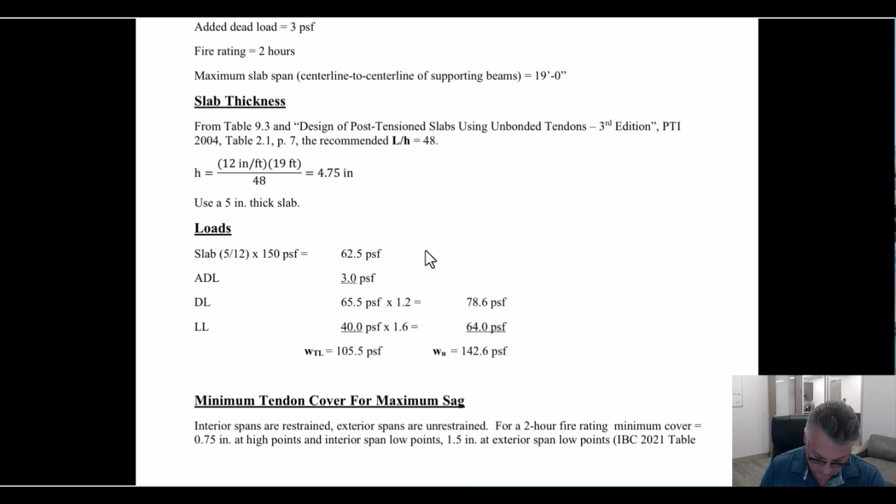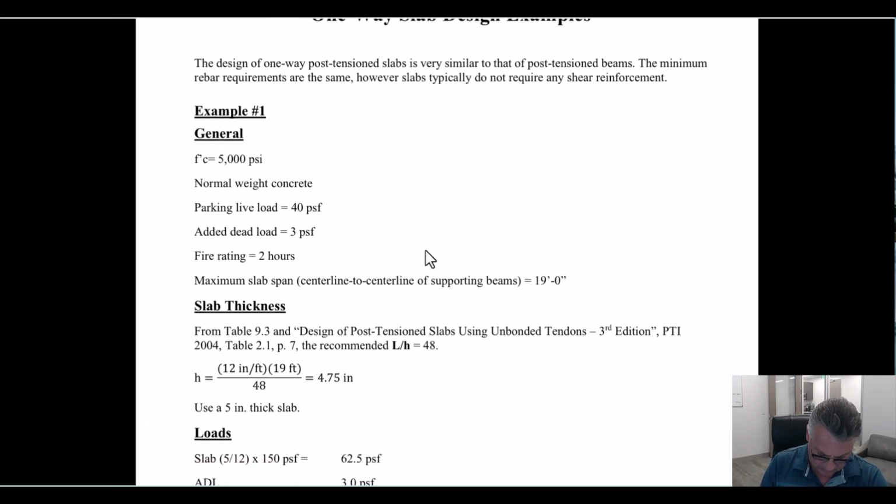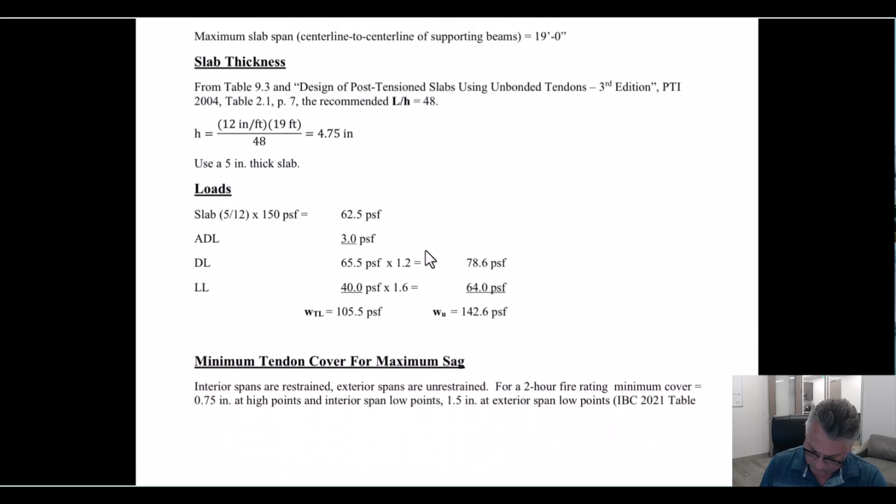Now, the minimum tendon cover comes from the actual fire ratings. So that's why it mattered that this was a 2-hour fire rating, to satisfy the IBC. California Building Code adopts the IBC.